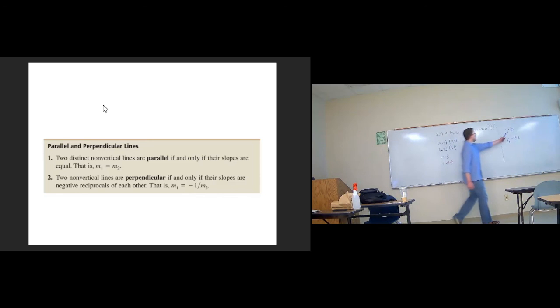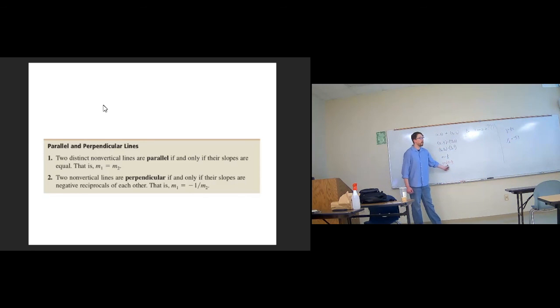So this line is parallel to our original line, and this line is perpendicular. And it doesn't matter what b we tack on to either of these. What matters is their slope. When talking about parallel and perpendicular lines, what matters isn't the b that you tack on, it's the slope.